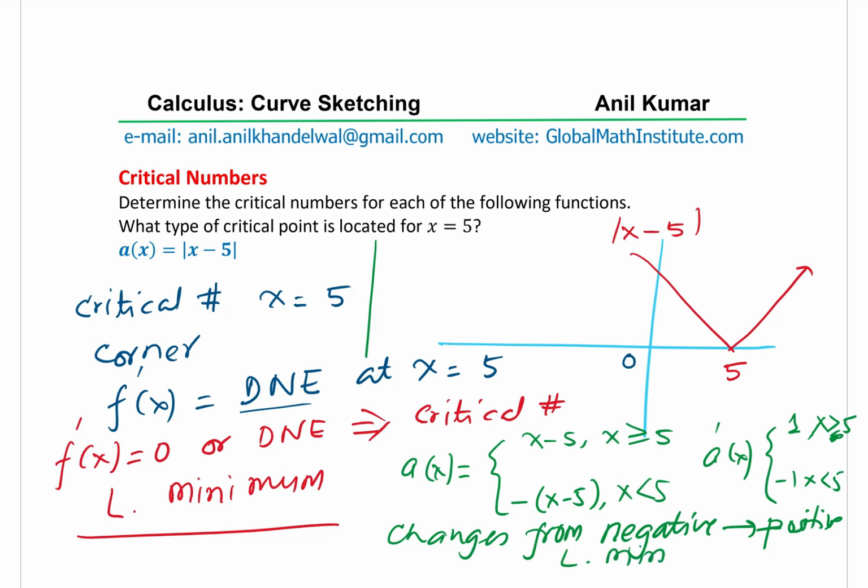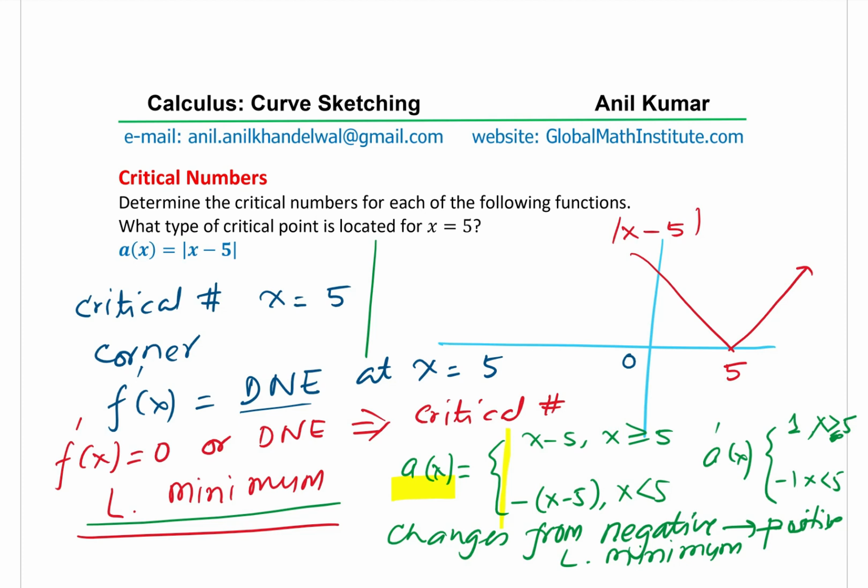Is that clear to you? So you could algebraically prove that this is a local minimum. And that is very important for you to understand. Clear? So the idea here always is when you have an absolute function, write it as a piecewise function. Perfect. And then get your result.